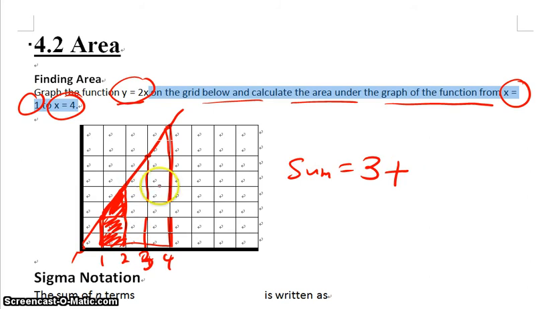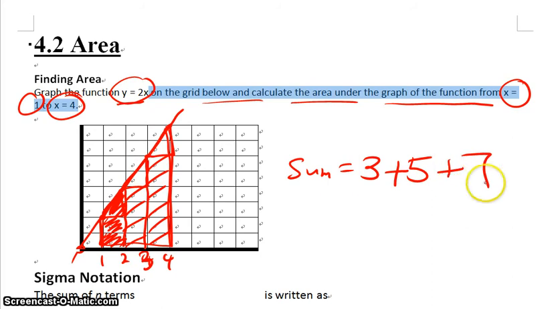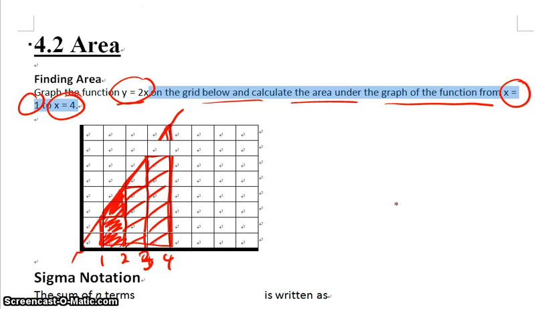Let's count the second shape: 1, 2, 3, 4, and then there's a fifth box here. And finally 1, 2, 3, 4, 5, 6, and then the 7. So I can find the area by adding each shape together, and then my answer will be 15, as you can see earlier.